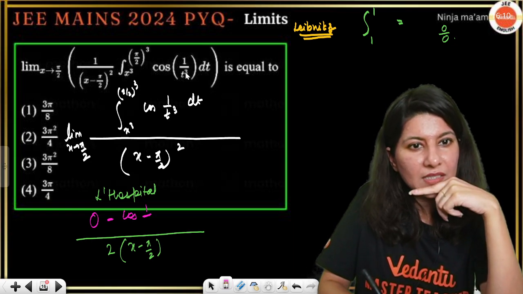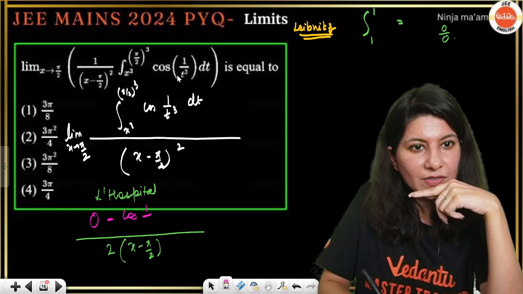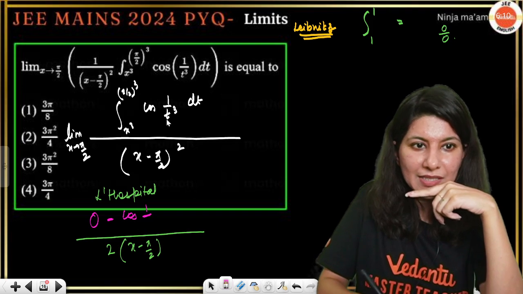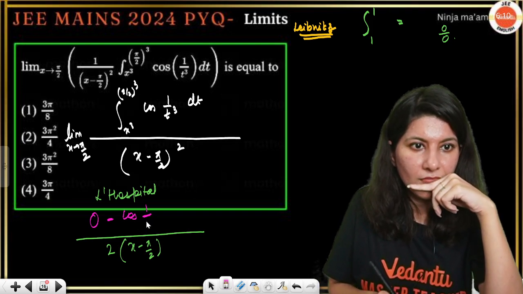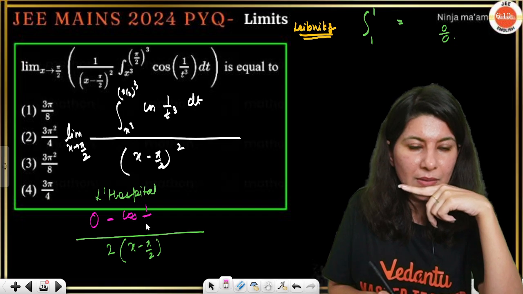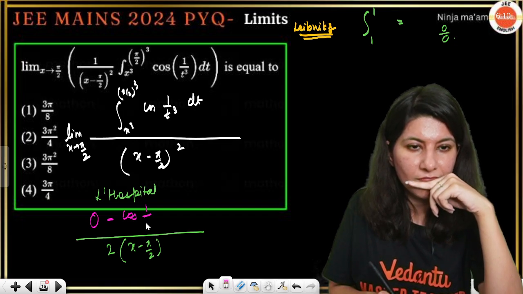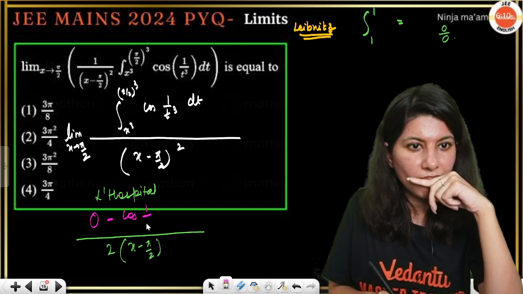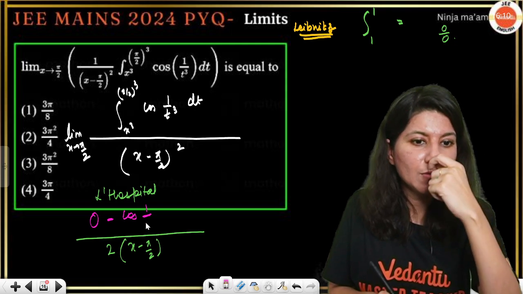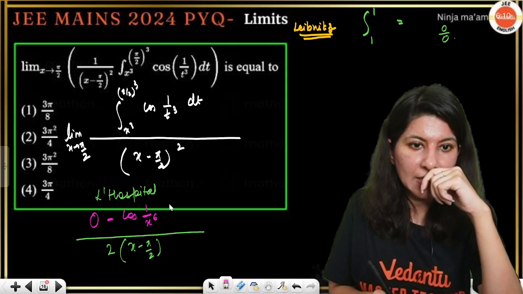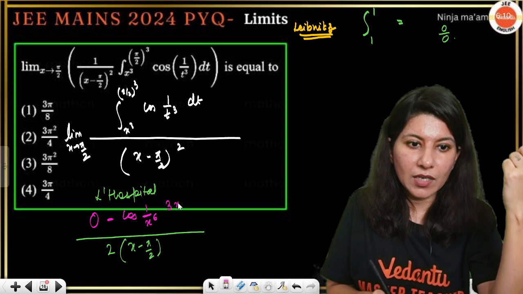There is some mistake in this question. Cos of, because if you replace t, t will be replaced by x, x power 6 and 3x square.